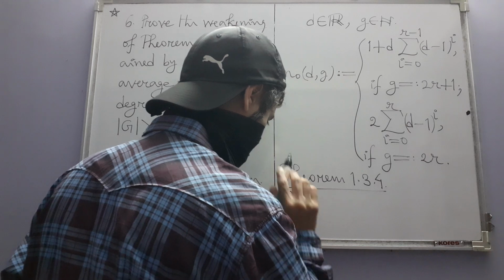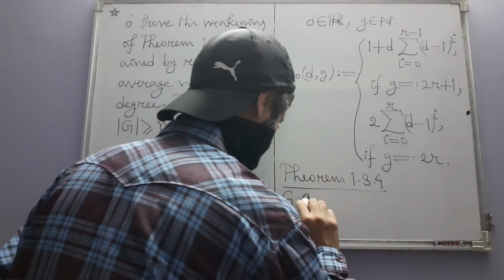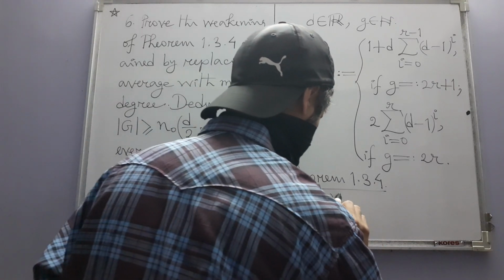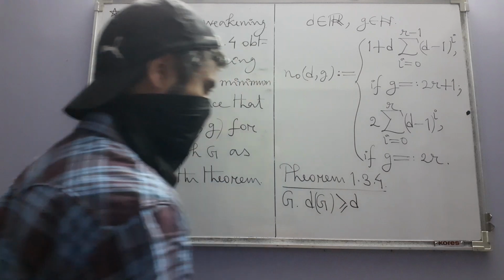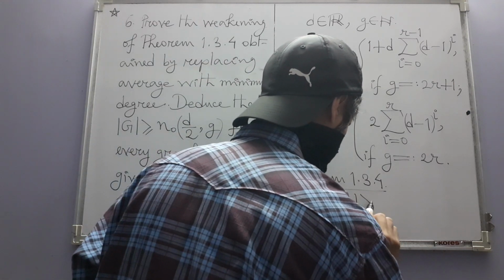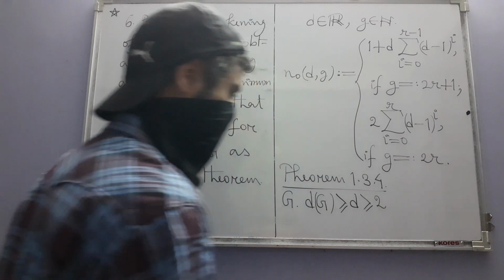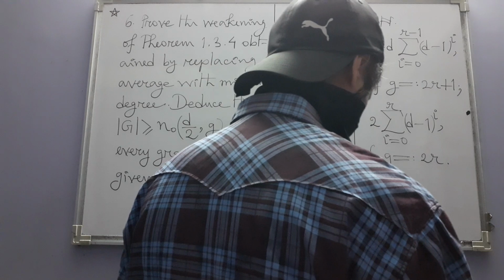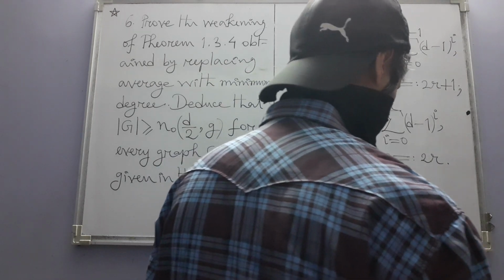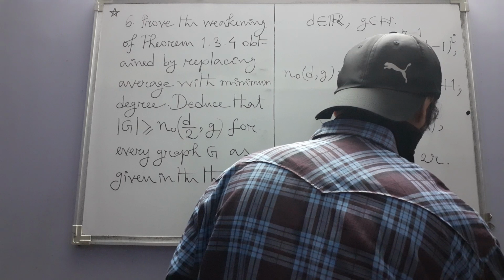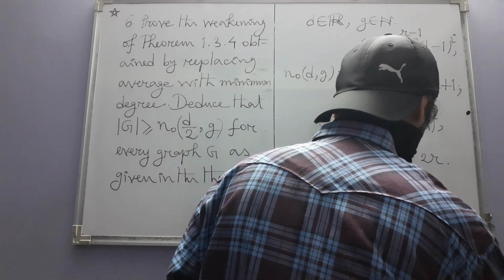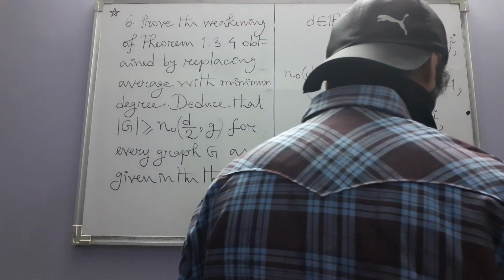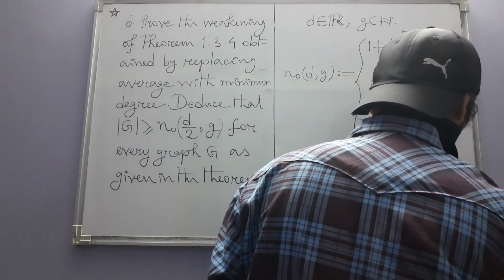So here G is a graph such that the average degree of G is greater than or equal to some D which is greater than or equal to 2. That is given. What else is given is that the girth of G is greater than or equal to some G. It cannot be less than G, and this G of course is a natural number.